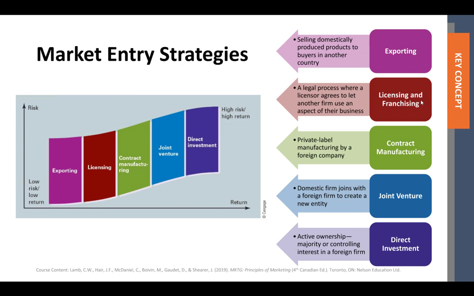Whereas maybe we do licensing and franchising, a legal process where a licensor agrees to let another firm use an aspect of their business. So maybe our maple syrup is super popular here in Canada, and maybe the Denny's franchise in the States, they have Aunt Jemima or something like that, and they're like, no, we want to go to real Canadian maple syrup.